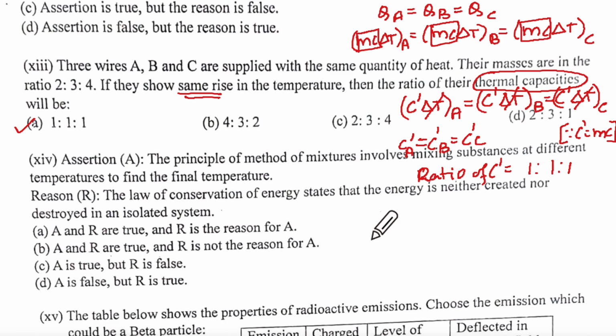It is for that container. That is why, although they told this mass ratio, I know many of you would have taken M1, M2, M3. So now you understood where we have to go. Thermal capacity. Understanding. Okay.